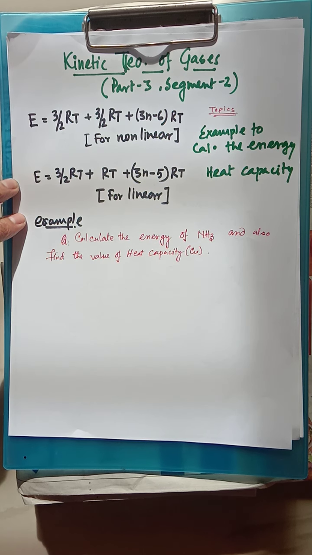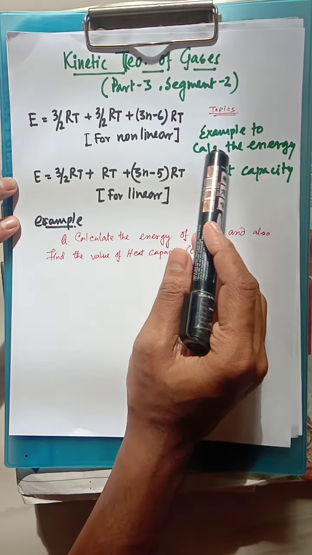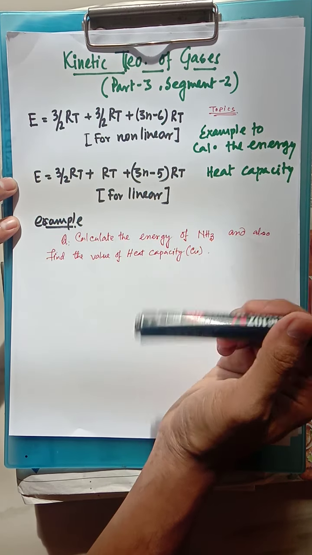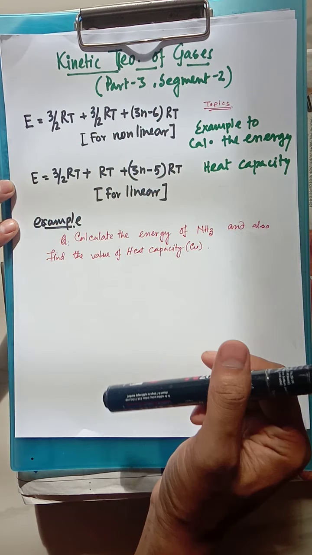In this segment of part 3 of kinetic theory of gases, we are going to learn about some examples to calculate the energy based on equipartition of energy and heat capacity calculation.